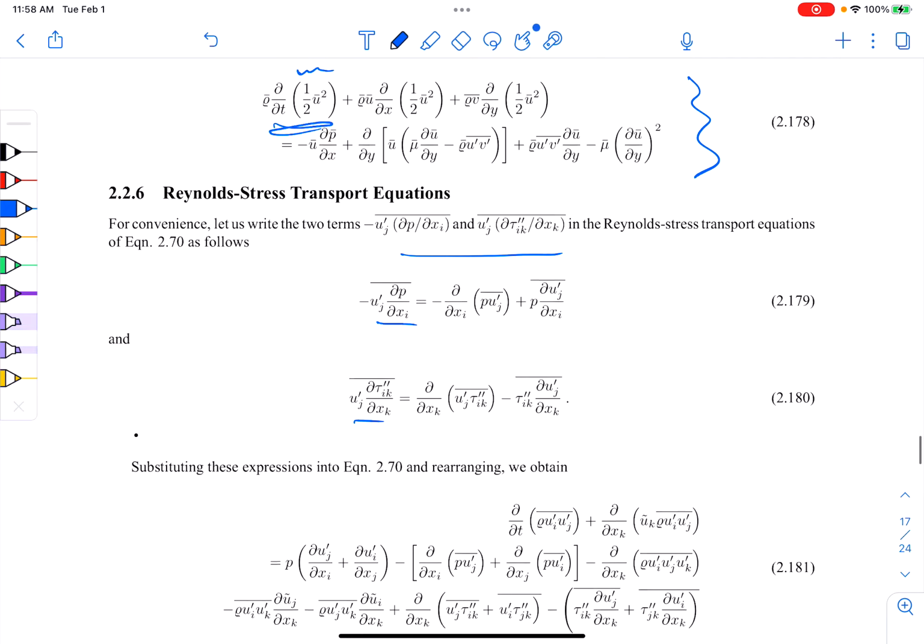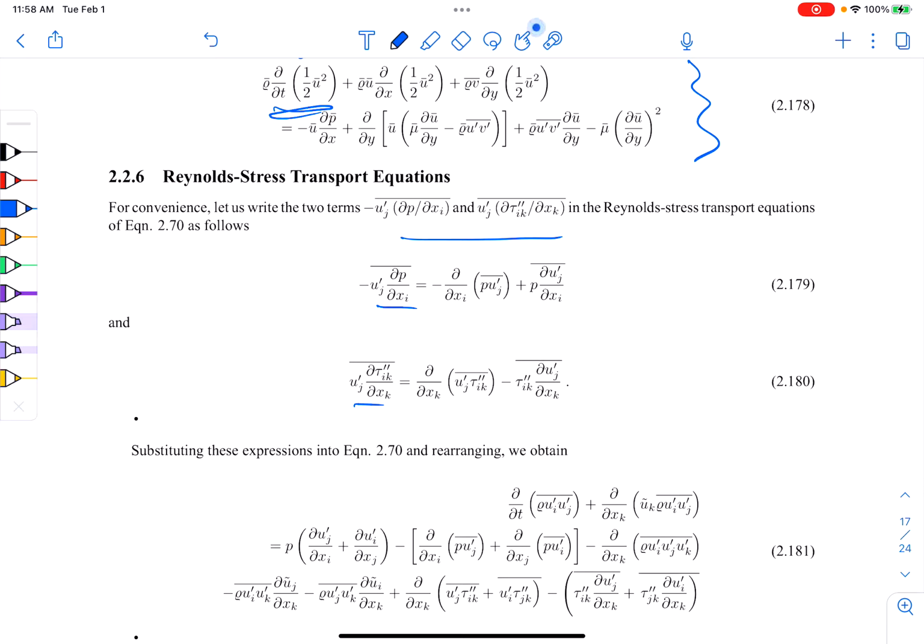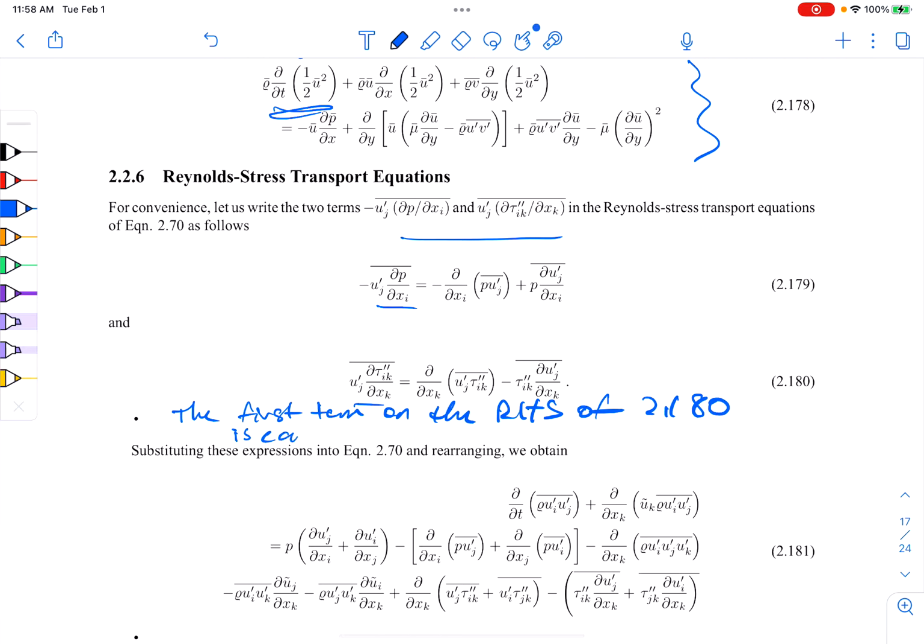These are pressure work terms, and I'll note that the first term on the right-hand side of 2.180 is called, in the community, the turbulent viscous diffusion. And the second term is the turbulent energy dissipation.